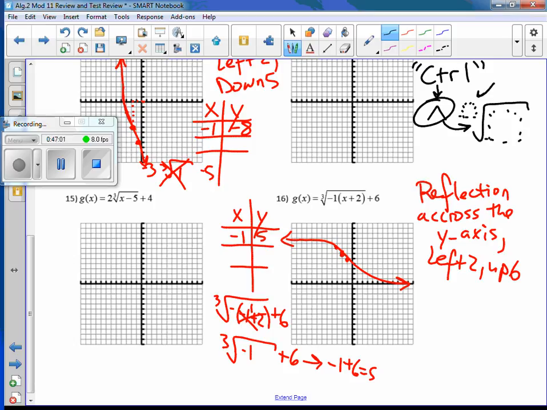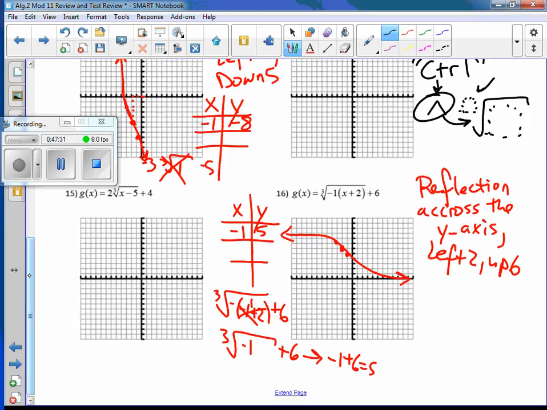And in the tiny little box, you can plug in the little 3 for the cube root. Yep. So it's -3, 7, -2, 6, and -1, 5. All right, perfect. That's right. That's what the function looks like.